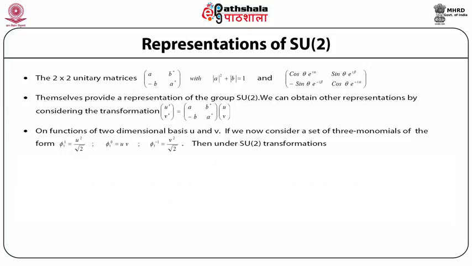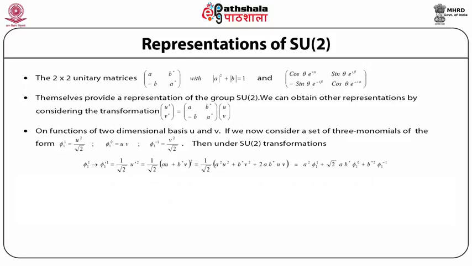Under the group SU2 transformation, let phi 1 1 go to phi 1 1 prime, which is equal to 1 by root 2 u prime square. But u prime is equal to a u plus b star v.